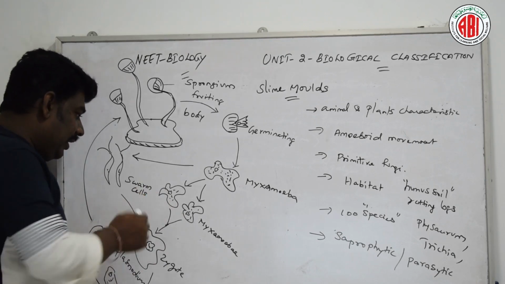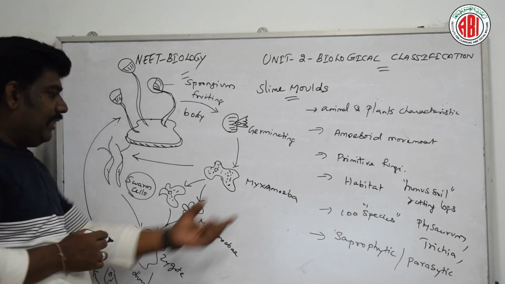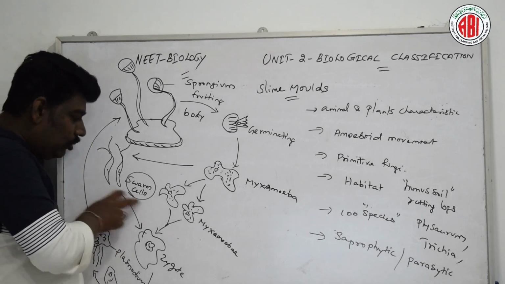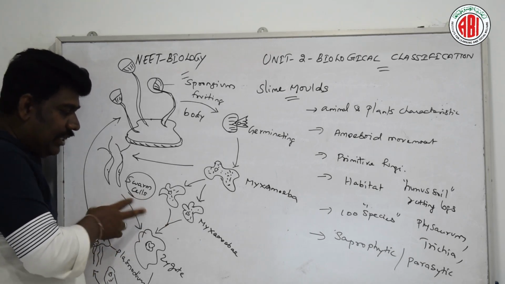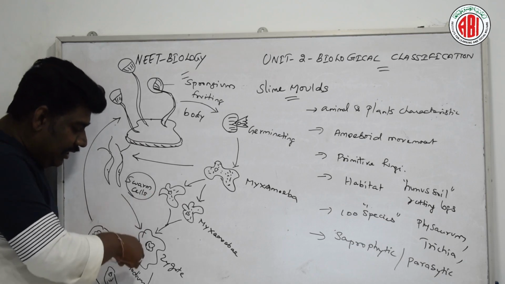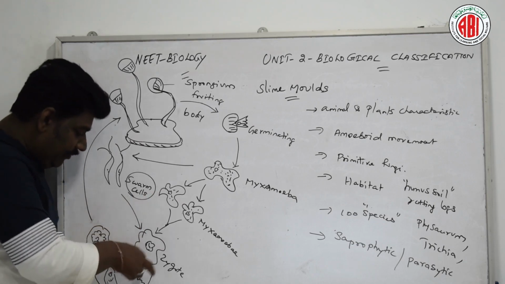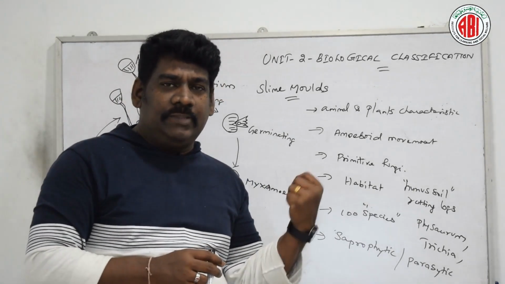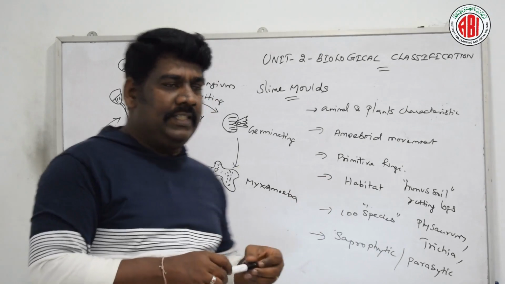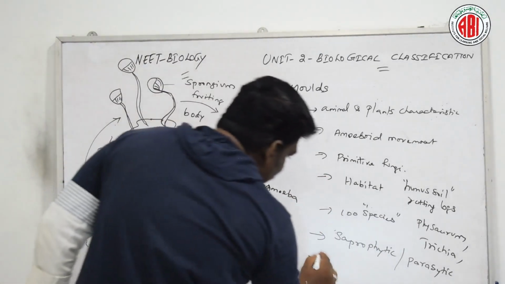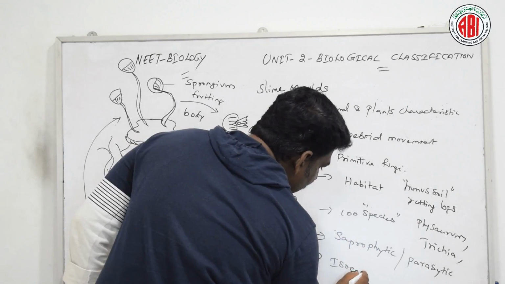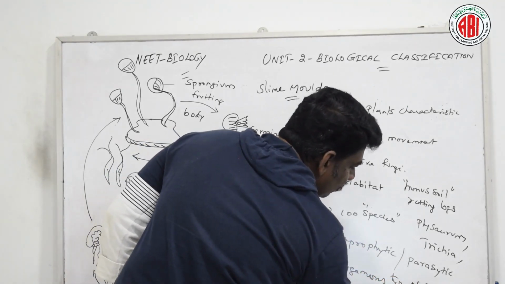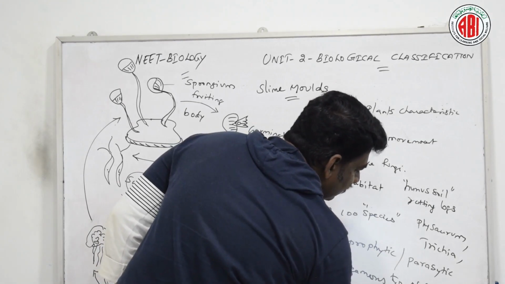The swarm cell is one of the stages that is formed after the myxamoeba stage. And these two cells act as gametes, and they produce the zygote. The formation of the zygote is possible. And this particular type of sexual reproduction is called isogamous type of sexual reproduction.